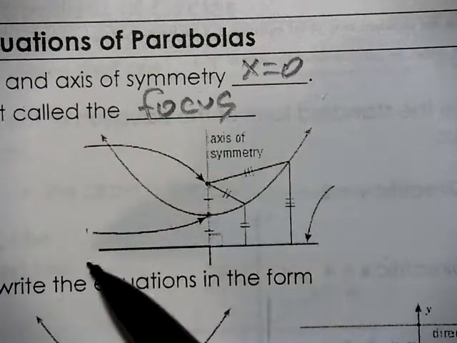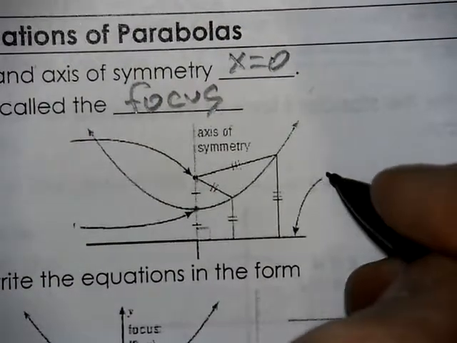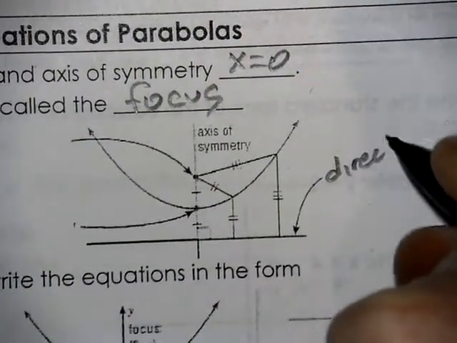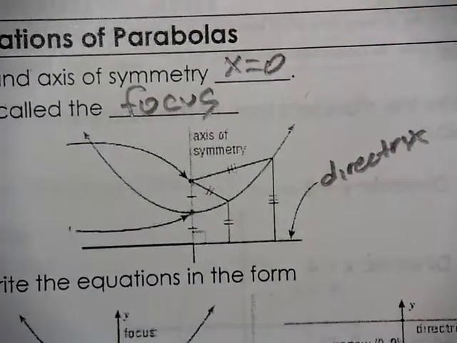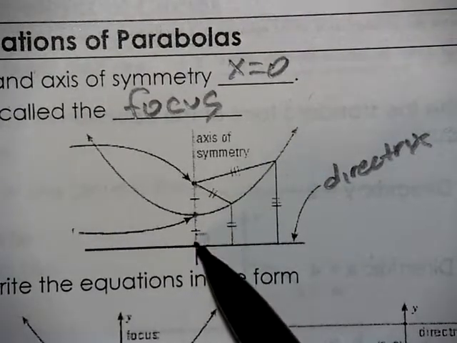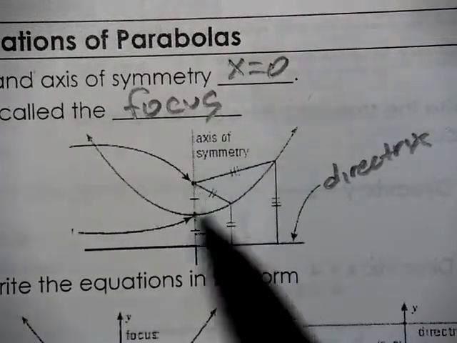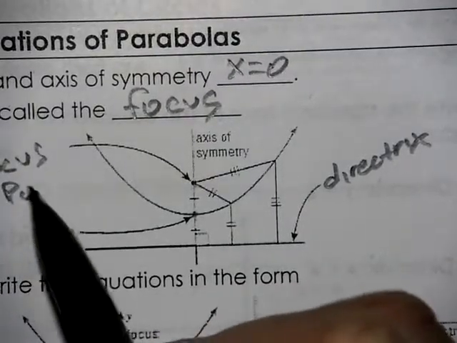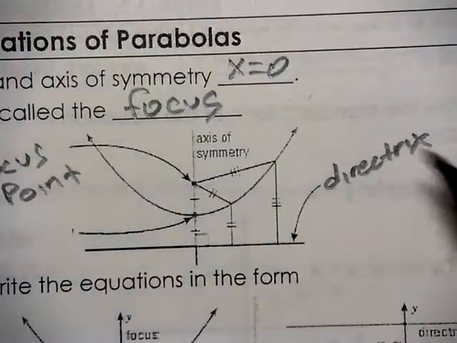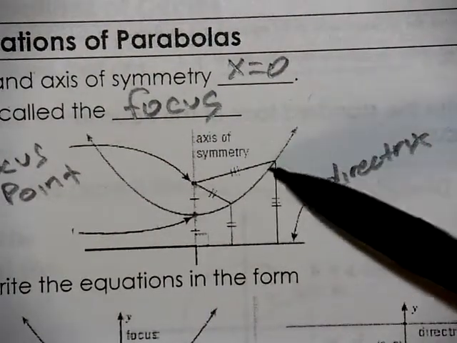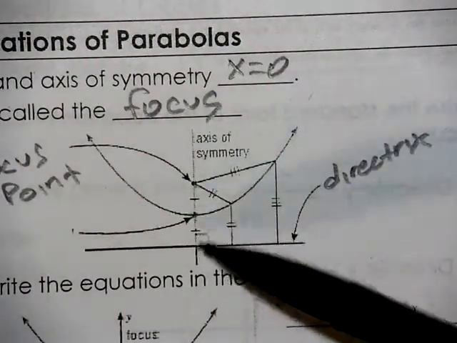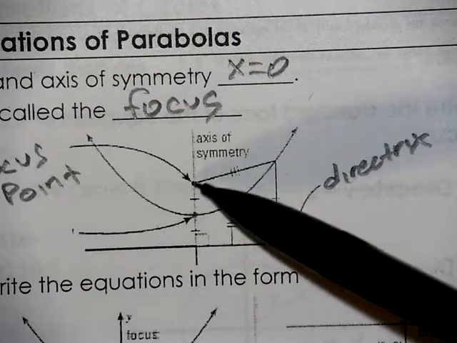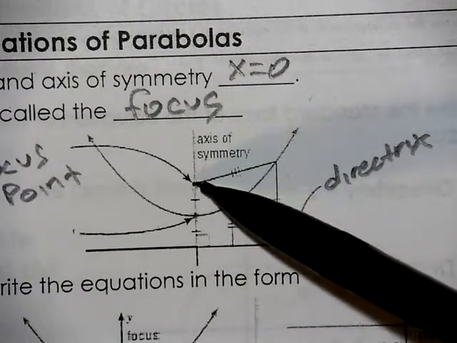You have a directrix, which is equal distance away. This is your focus point. And every point along this parabola is equal distance from both of these locations.